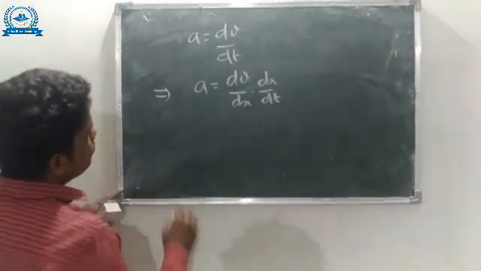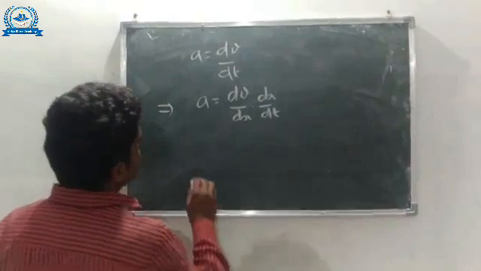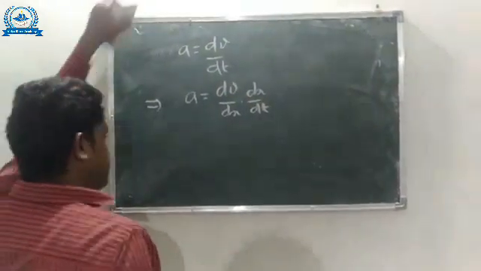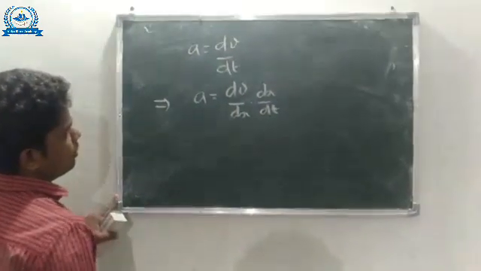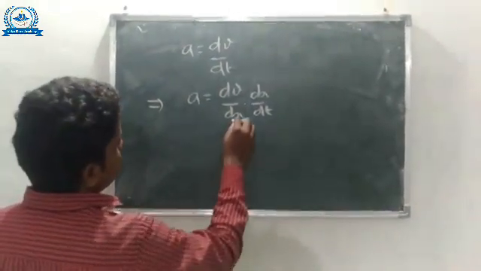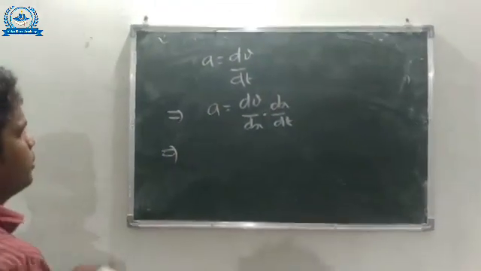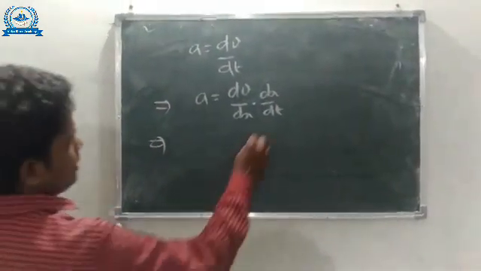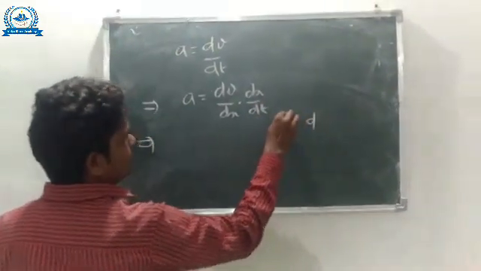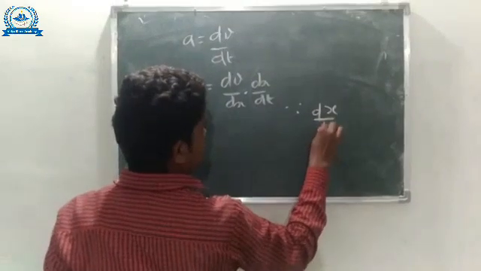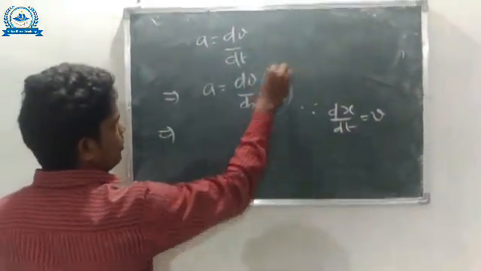So now we know that the value of dx upon dt is nothing but, what? This is nothing but velocity, no? Since dx upon dt is nothing but velocity only. So put the value of dx upon dt over here.